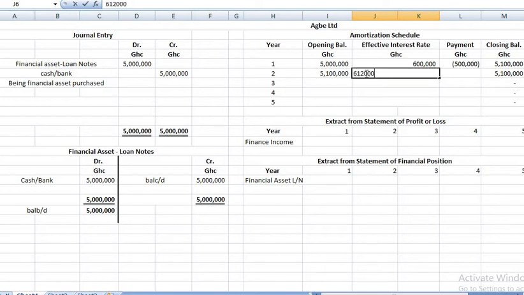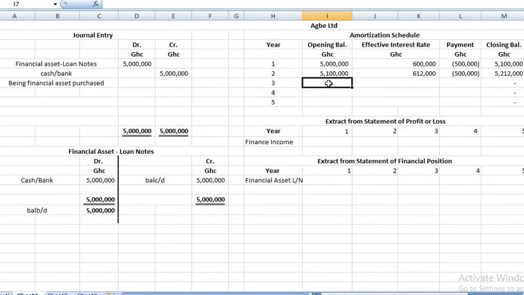And we will also make a coupon payment of 500,000. So at the end of year 2, we are going to have 5,212,000 as our closing balance, and that will also become our opening balance in year 3.